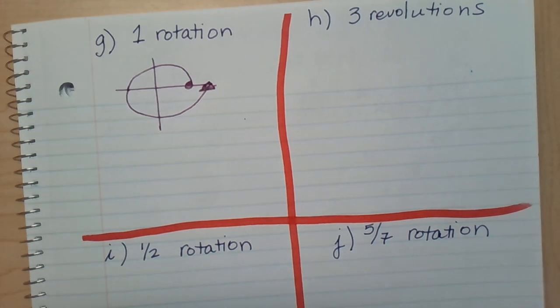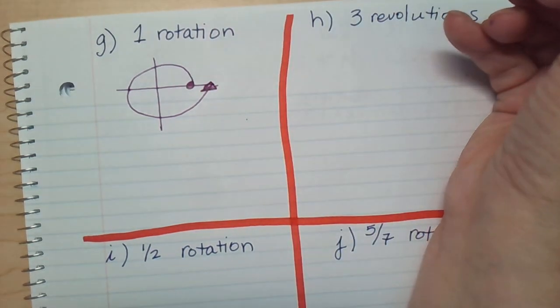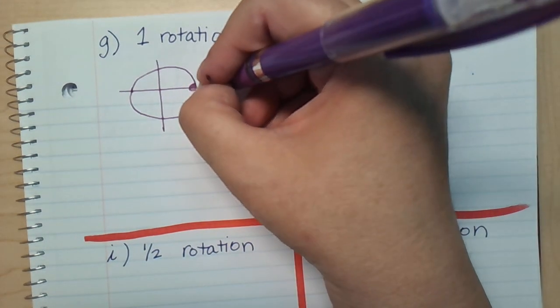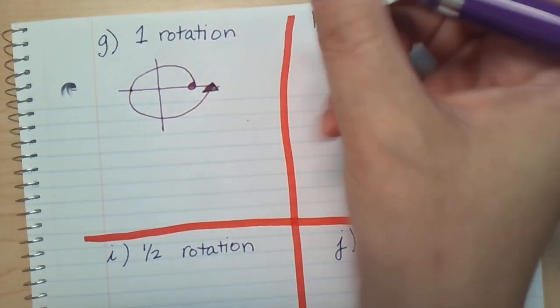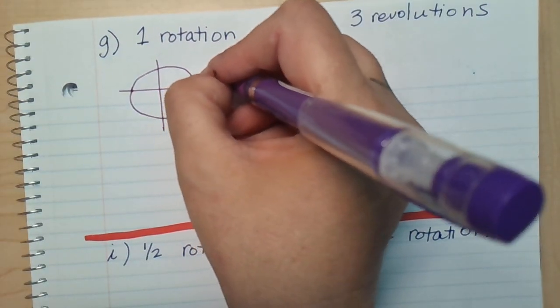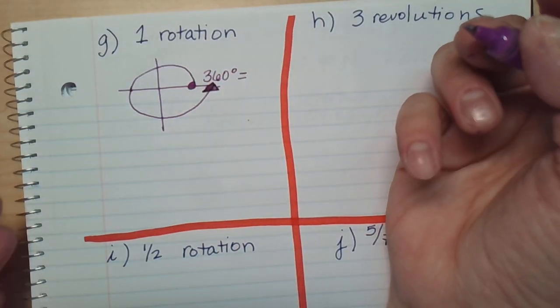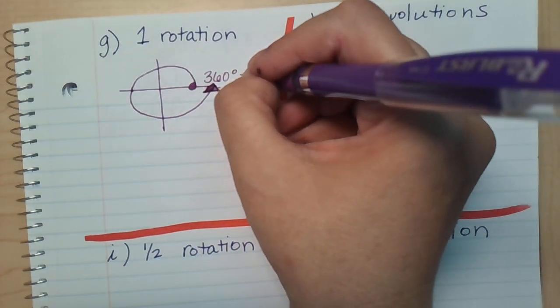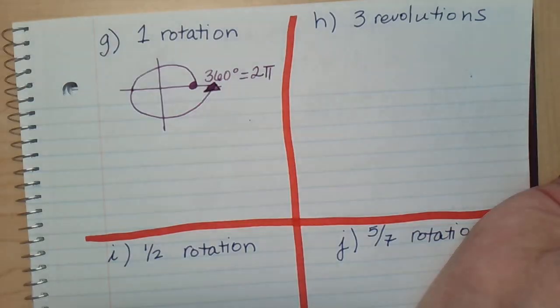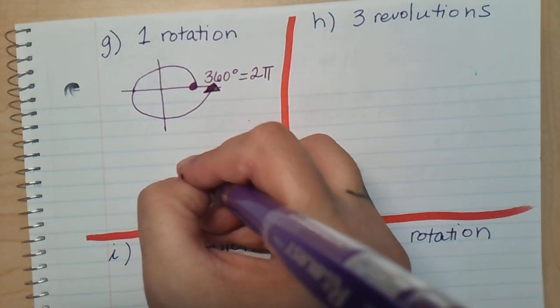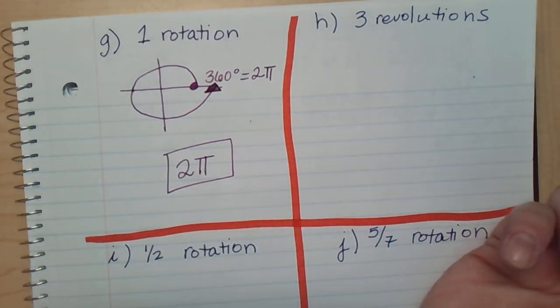So one spiral is equal to one rotation. And when I go all the way around, I land at 360 degrees, or what else is 360 known as? It's known as 2 pi. So one rotation is 2 pi.